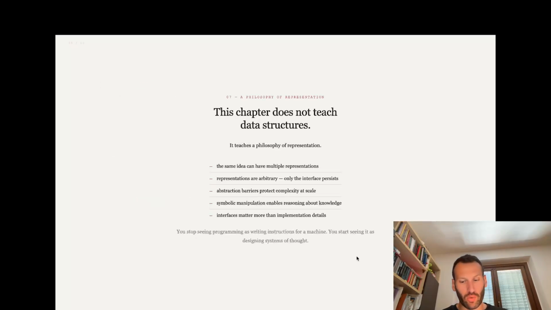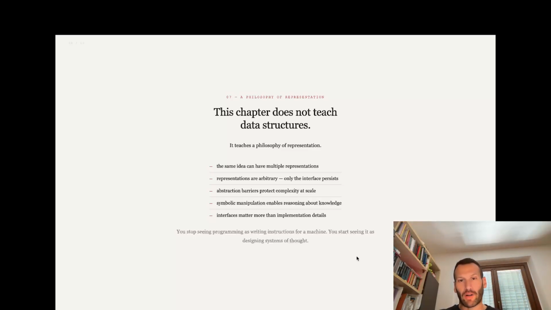And so, to summarize, this chapter 2 of Structure and Interpretation of Computer Programs does not teach data structures, but it teaches a philosophy of representation. The same idea can have multiple representations.